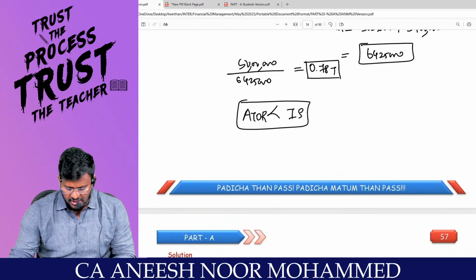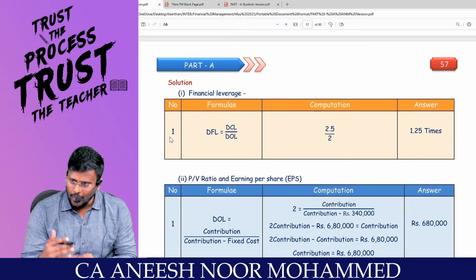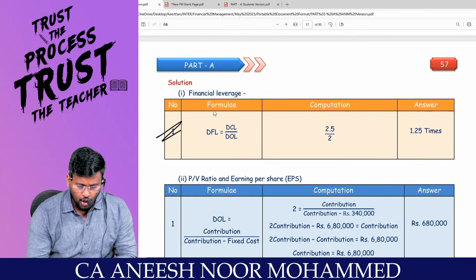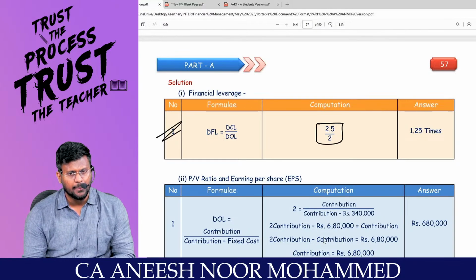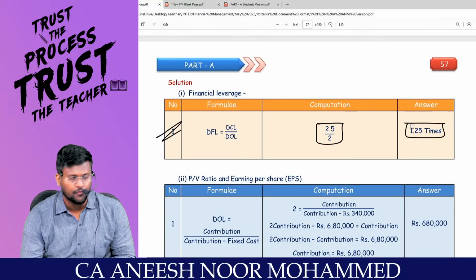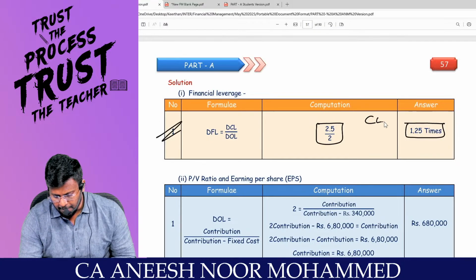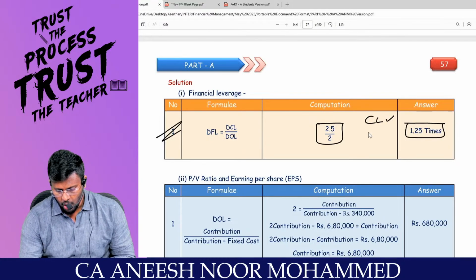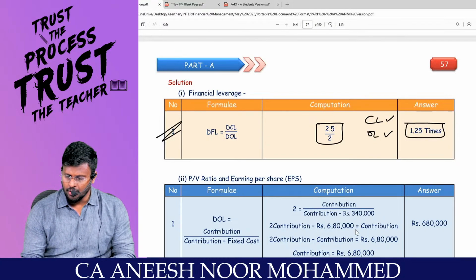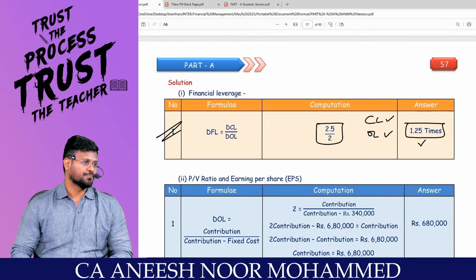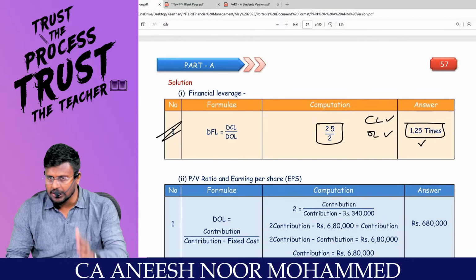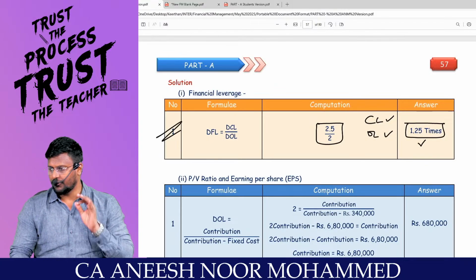I will first confirm the answers for whatever we have done. Degree of financial leverage. Financial leverage is equal to combined leverage divided by operating leverage, 1.25 times. Since the combined leverage and operating leverage are given in the question, mandatorily this should be the financial leverage. There is no doubt about it, because this is the fact. This is not an assumption given in the question. Comfortable?